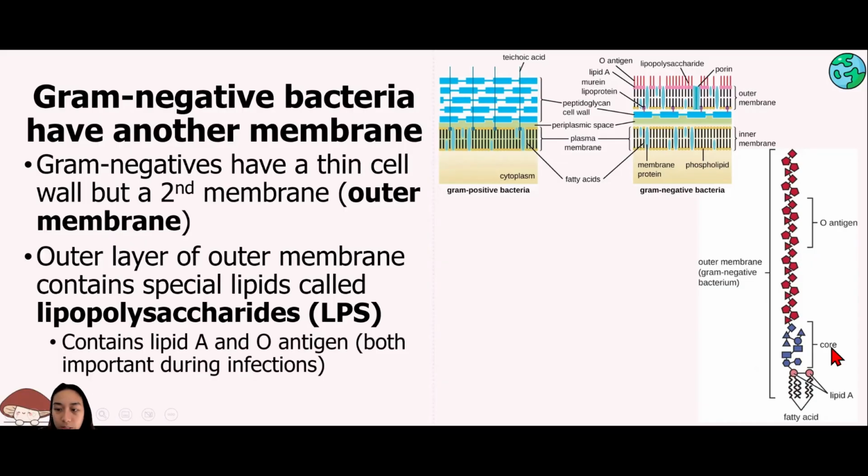So it's got this lipid A component, and then it has this core made of sugars and stuff, and then there's this O antigen that is attached to it. So it is a relatively large molecule compared to just a regular phospholipid. Now, why am I mentioning this? Because later when we talk about infections of bacteria, this O antigen and lipid A are really important for that whole infectious stage of gram-negatives.